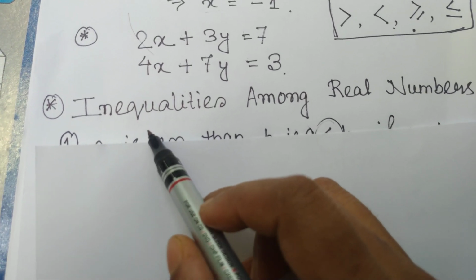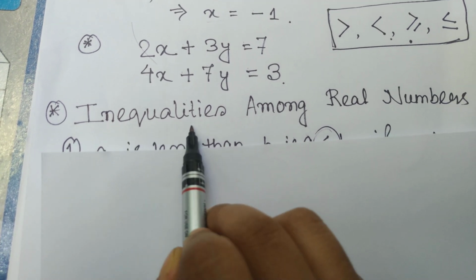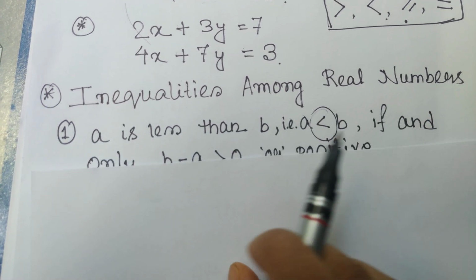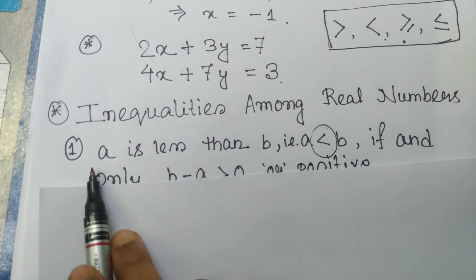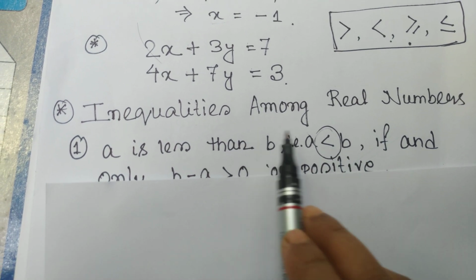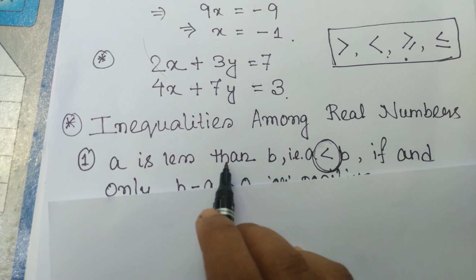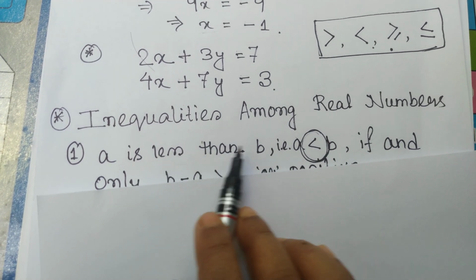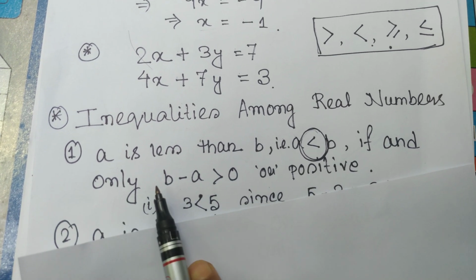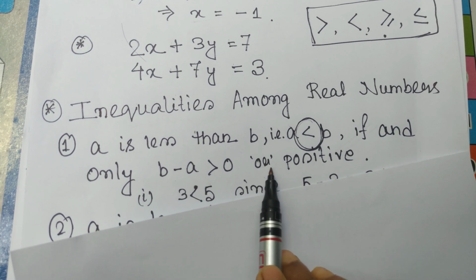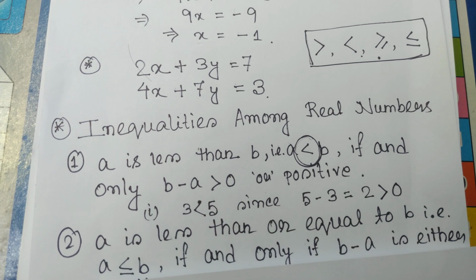Now let's move on. We'll discuss inequalities among real numbers. When a is less than b, how do we write it? With this sign. a is less than b if and only if b minus a is greater than 0, or positive. How?